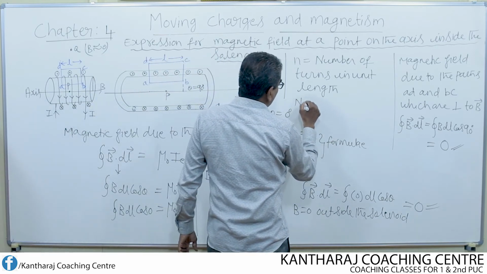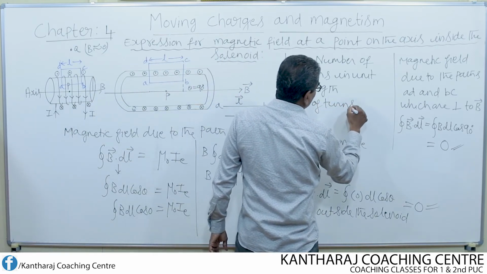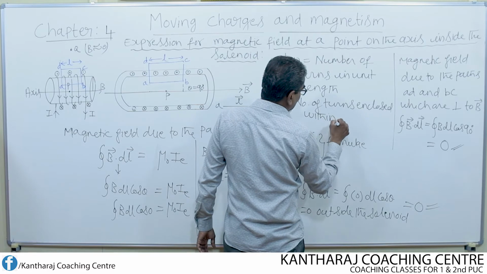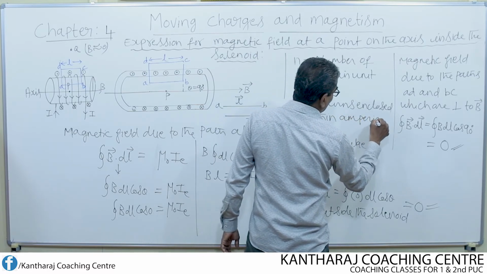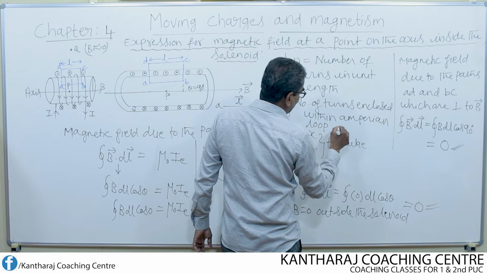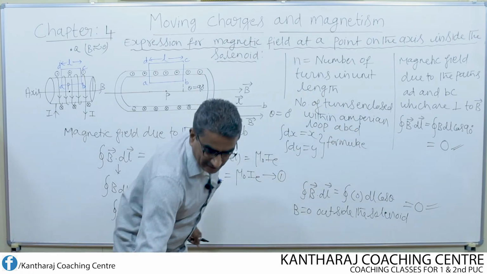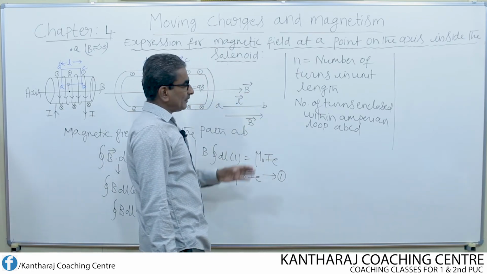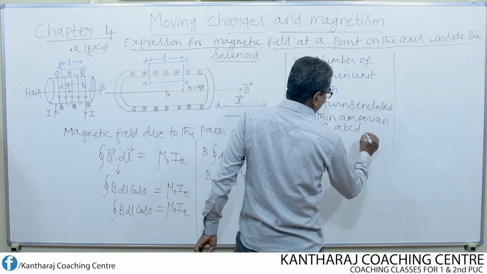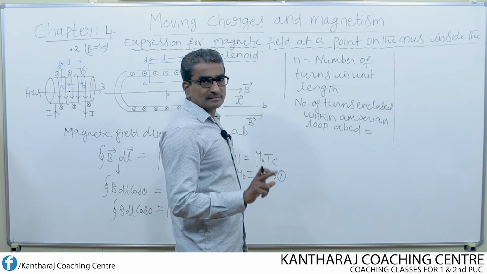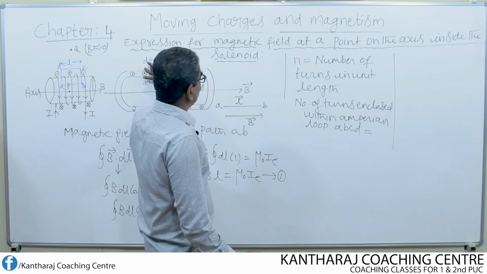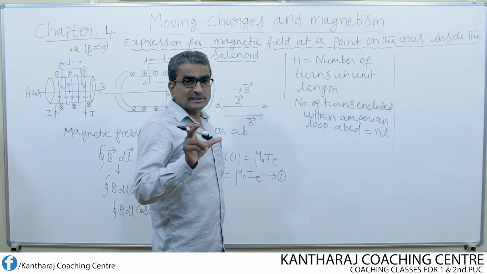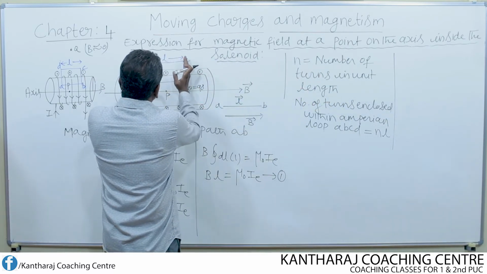Number of turns enclosed within the Amperian loop A, B, C, D is given by the number of turns per unit length, that means per 1 meter, multiplied by L. So n into L is the total number of turns contained within the Amperian loop.